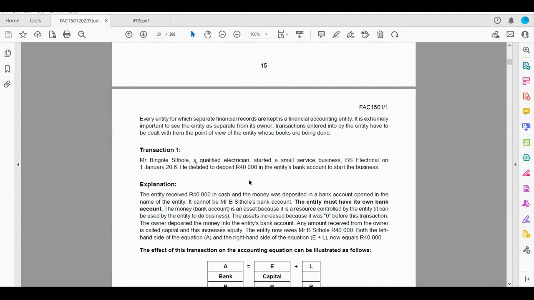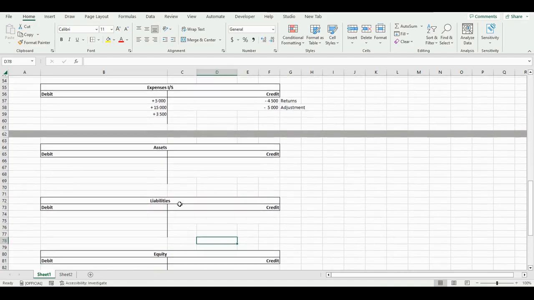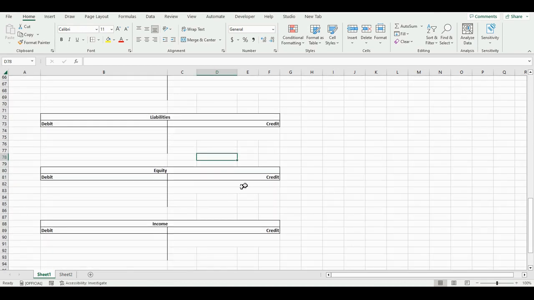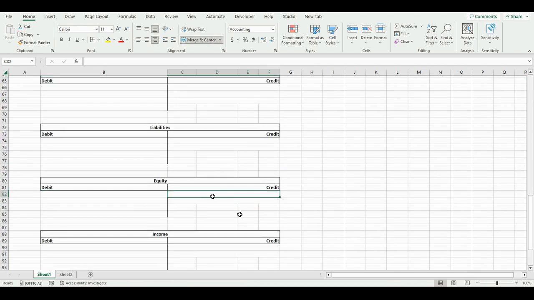Let's see. He decided to deposit 40,000 into the business account. Let's go back to our spreadsheet. So what's happening here? Equity is going up. If equity is going up, which side is it going to? This one. Equity is going up by 40,000.